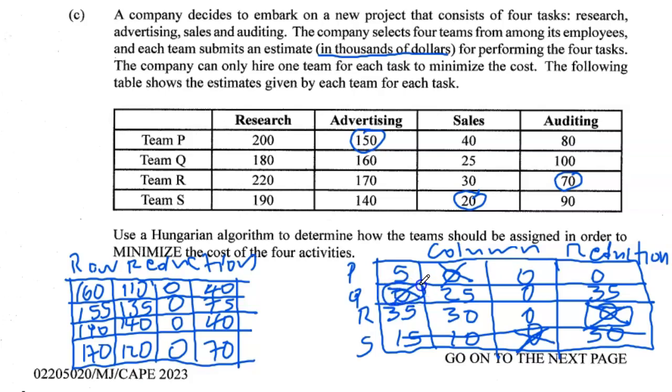We started with the row that has only 1 zero, which was for team S being assigned to sales. And then we do the other assignments. And that's our optimal situation. So for the cheapest cost to the company, team Q will do the research, team P will do advertising, team S sales, team R auditing.